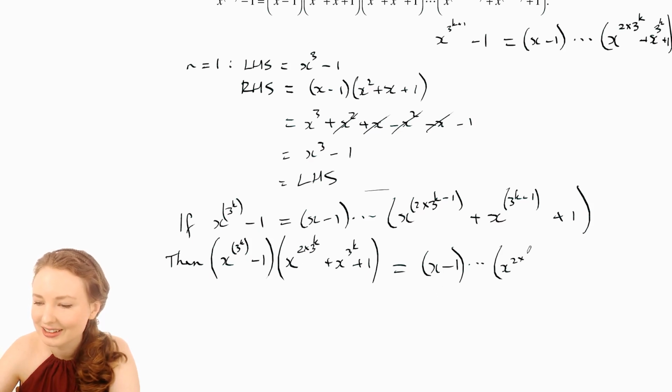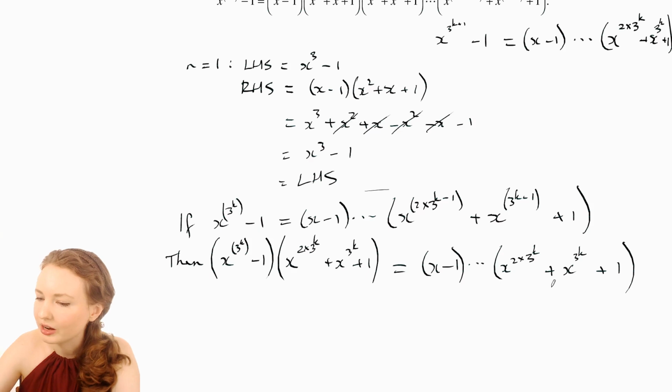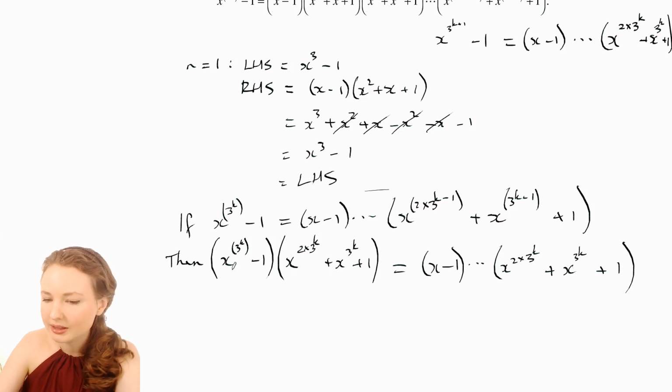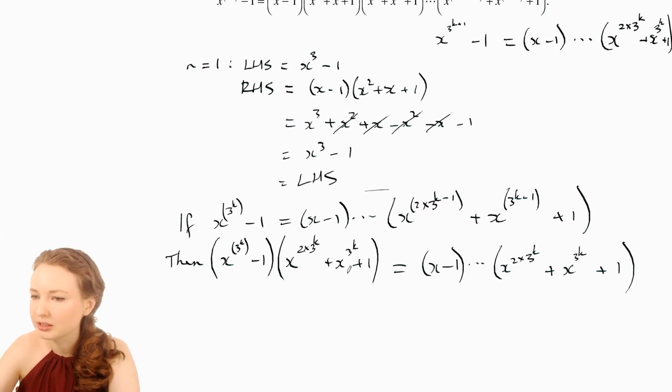So okay, that equals all of that, which is just this multiplied by that one. And then on the left, let's expand this. So we want to show that it's the same as this.